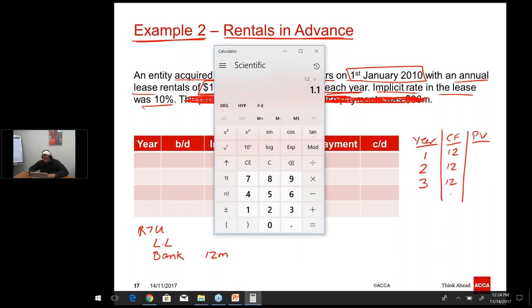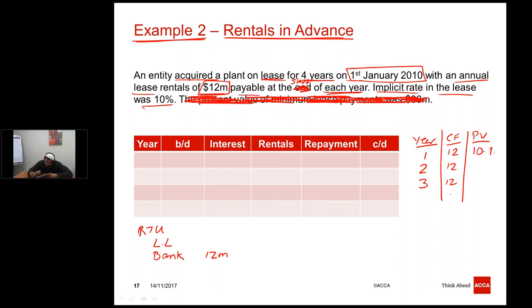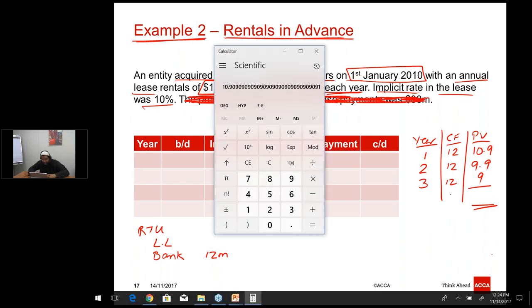12 divided by 1.1, which is 10.9. And year 2 was 9.9 and year 3 was 9. I'm actually referring to the same values in the previous example, because the answer would obviously be the same. So this will become 10.9 plus 9.9 plus 9, which is going to be 29.8.